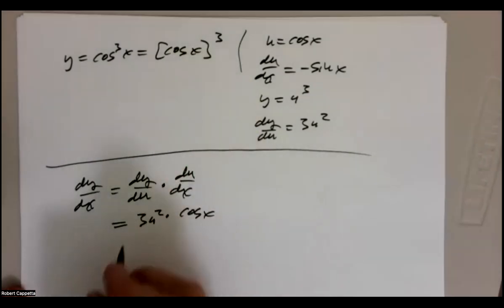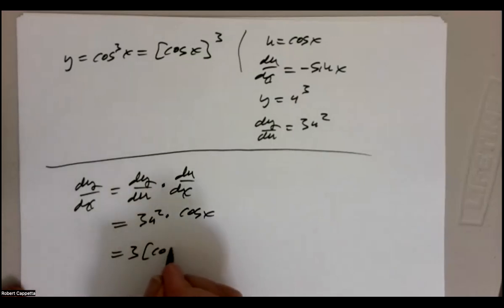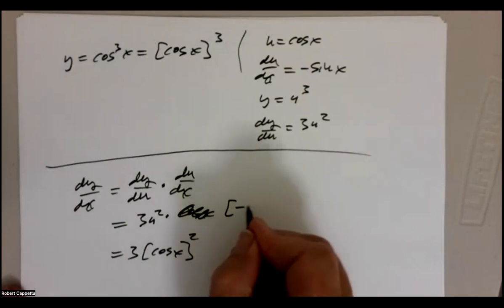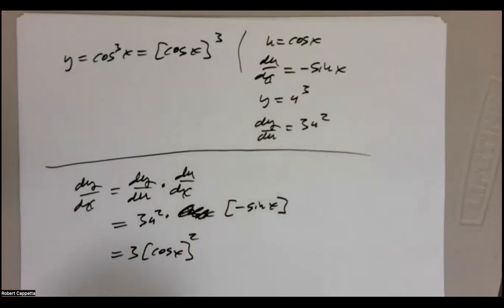What the heck is u? u is cos x. Three times cos x squared. No, du/dx wasn't cos x. What was du/dx? du/dx was negative sine x. Corrected. There you go. 3u squared times du/dx, times negative sine x.